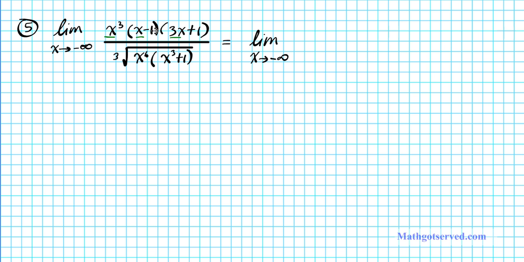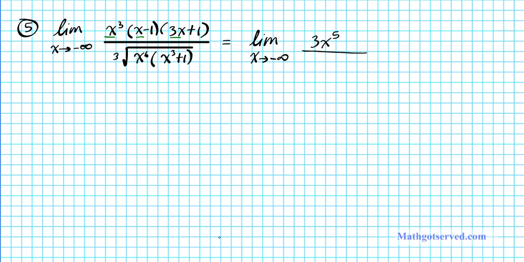Because in each factor, they have the highest degree. This factor stands alone as x to the third. This is the first degree term. This is the 0th degree term. So I'll pick x. And in this factor, 3x is the first degree term. This is a constant or 0 degree, so I pick that. All right. So if I multiply them together, I will have 3x to the fifth in the numerator.